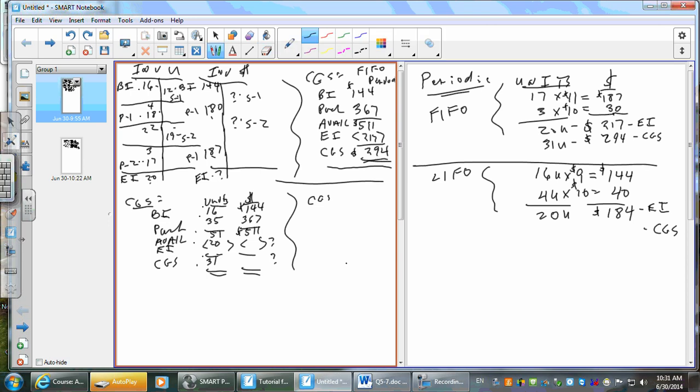What do you want to have for your ending inventory under LIFO periodic? 184. I'll put 184 there. Everybody good? What's 511 less 184? 327?